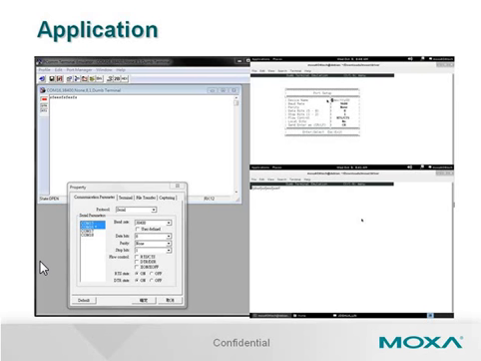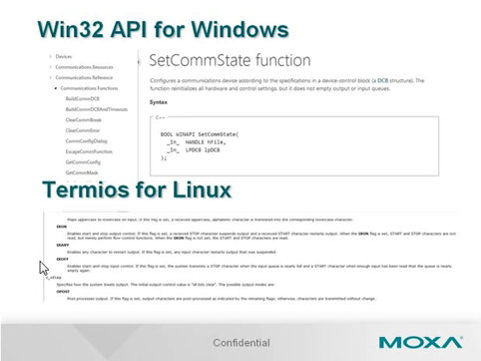Like we just said, when we use the application to perform a communication, application gives commands to the driver through API. So let's talk about APIs. API is Application Programming Interface.